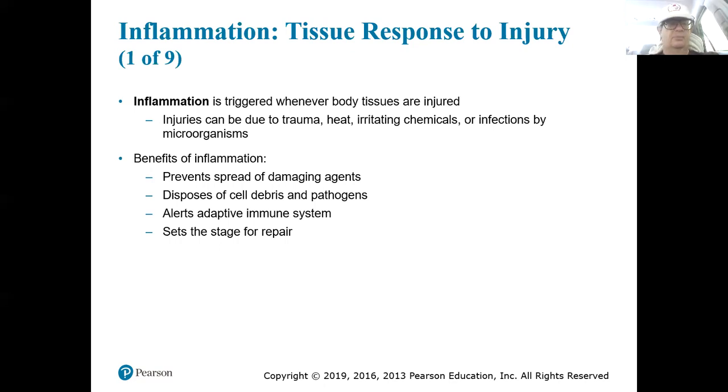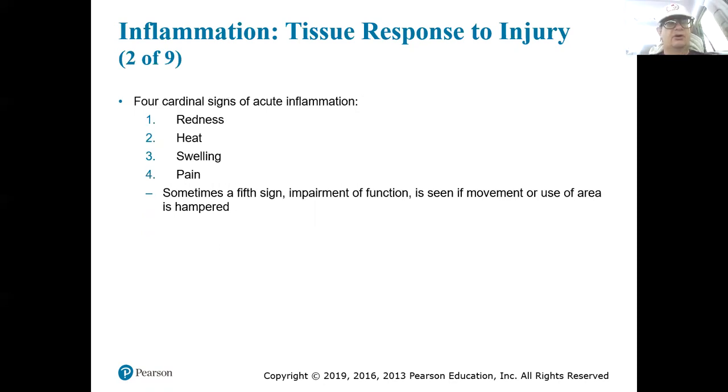Well, let's go through them all, but disposes of cell debris and pathogens, is going to wash them away with all the new blood. So here are the 4 signs of a really strong, intense inflammation going on. Redness, heat, swelling, pain. And I expect you to know those. 5th sign, impairment of function, which may or may not happen. It had to be pretty extreme for that to happen. But redness, heat, swelling, pain.